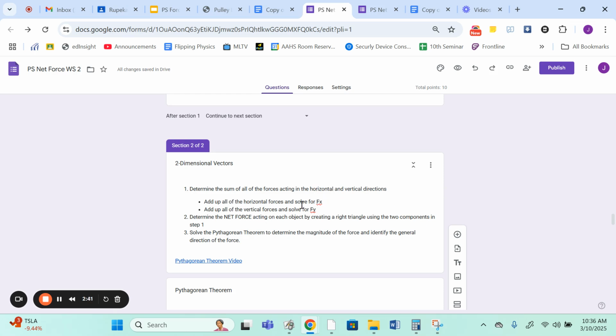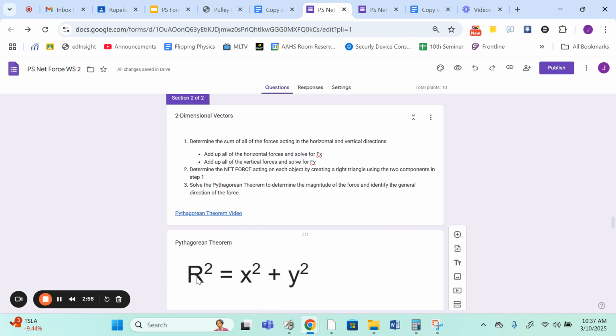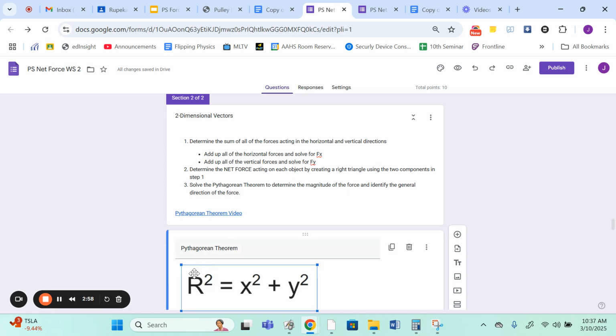So we're going to find Fx, then we're going to find Fy. To determine the net force, create a right triangle using the two components. So Fx is our x value, the force in y is our y number, and then we plug into the Pythagorean theorem and solve for the resultant, the R.